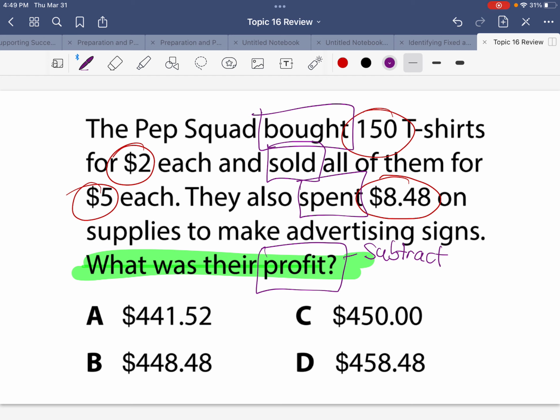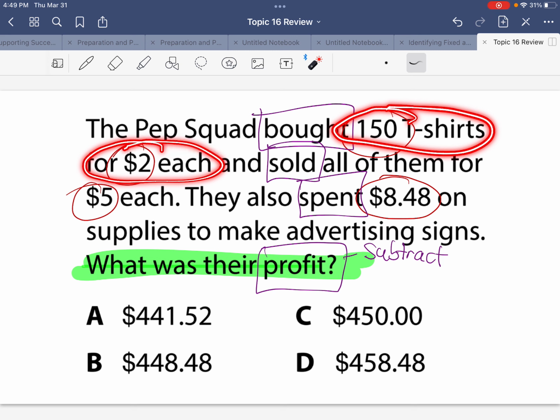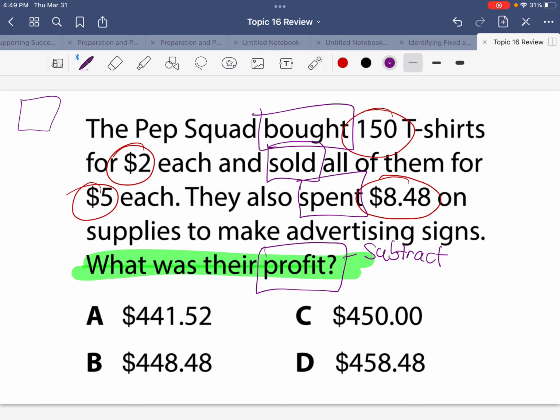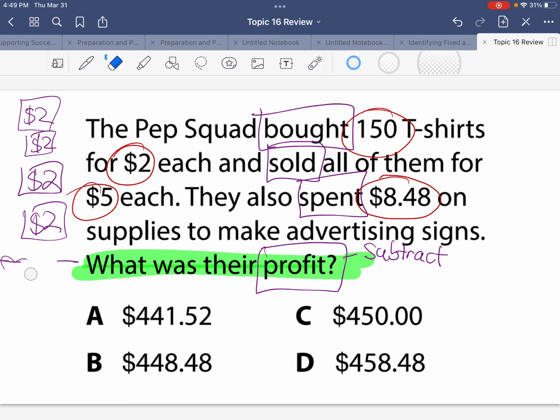So the Pep Squad, they bought 150 shirts for $2 each. Okay, so that means one shirt is $2, another shirt $2, another shirt $2, another shirt $2, until they get to 150 shirts, okay?